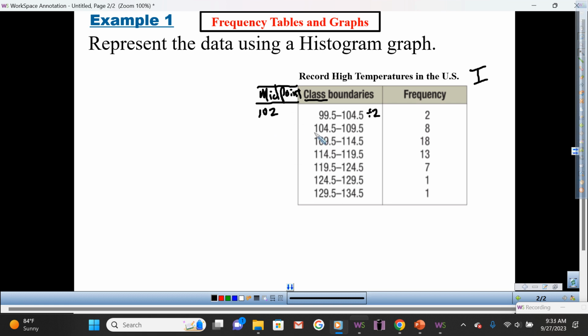So we got 102. Let's go to this one. 104.5 plus 109.5 is 214, divided by 2, 107. Find me the rest of the midpoints, please.